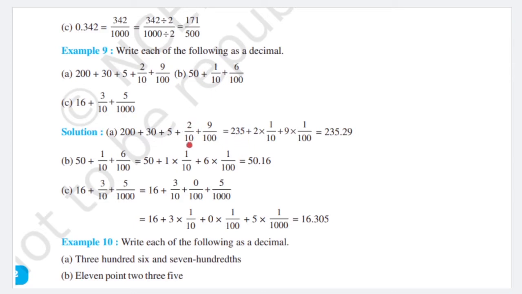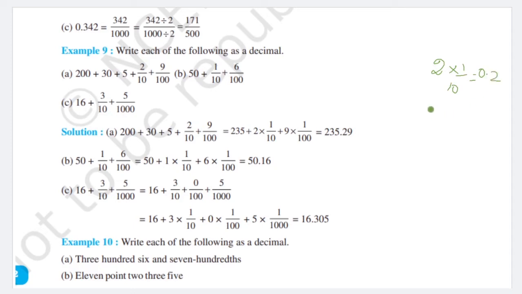And here 2 by 10 is 2 into 1 by 10, and this will be 9 into 1 by 100. So if you're splitting it up, 2 into 1 by 10 will be 0.2.